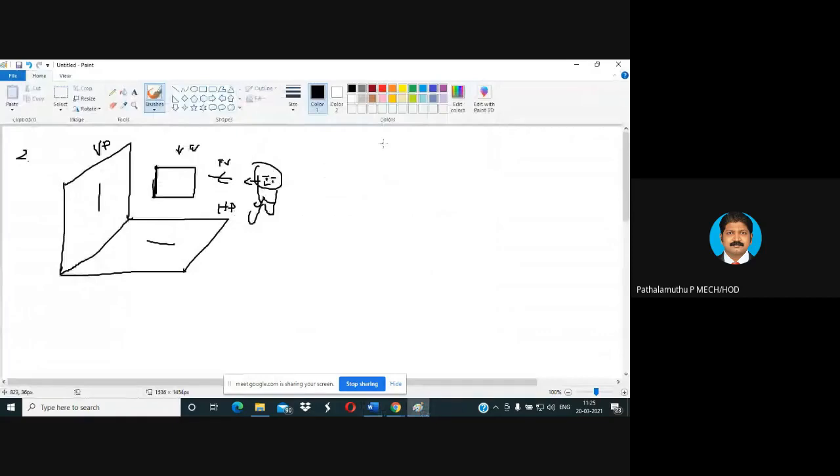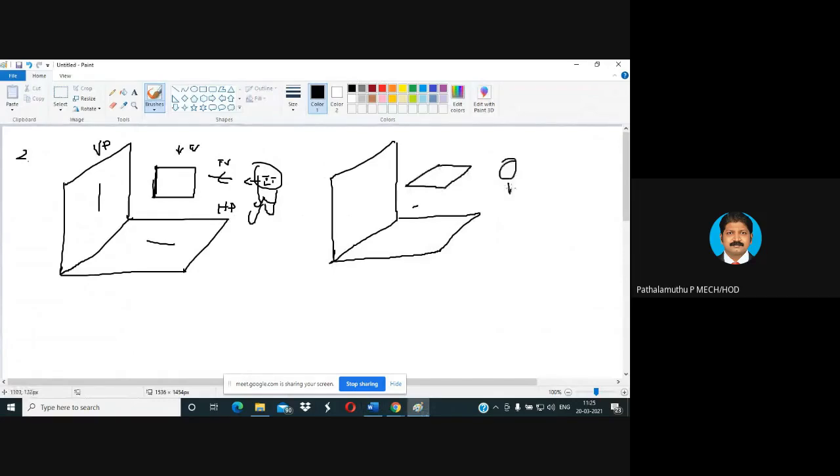Consider a square plane parallel to the horizontal plane. You are the observer. The front view has a straight line, and the top view shows the square plane. So the top view shows the clear view of the diagram. So for question number 3, the answer is A, top view.